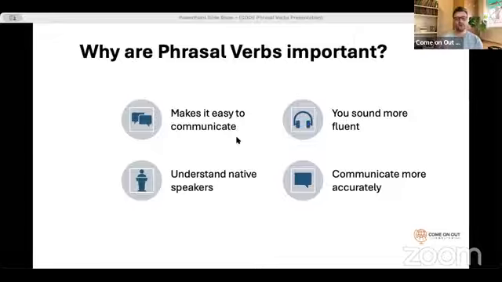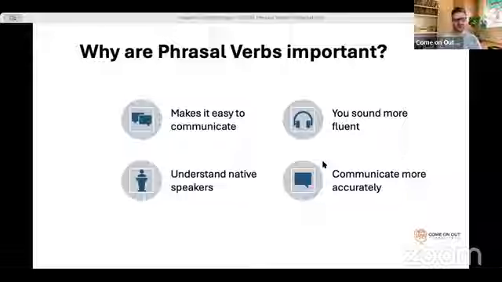Thirdly, it also helps you to understand native English speakers a lot better. It's easier to understand them because mostly as native English speakers, we use a lot of phrasal verbs when we speak and write in English. And then finally, it helps you to communicate better or more accurately so that other people can understand you a lot better when you use the English language.